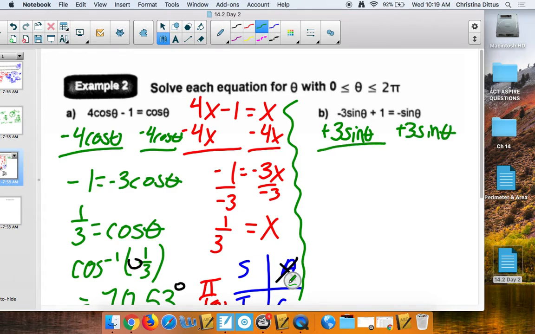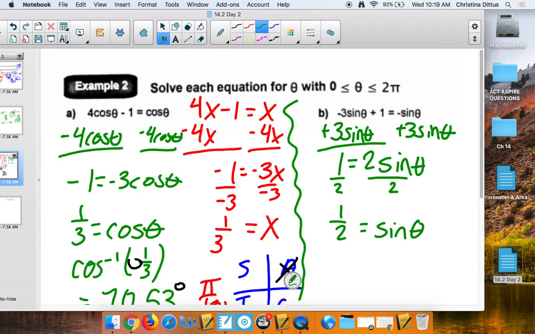On my left, I'm just left with 1. On my right, I have what? 2 sine theta. Divide by 2, good. So I have a half is my sine theta.